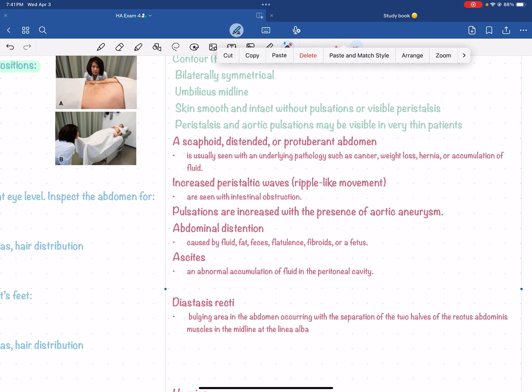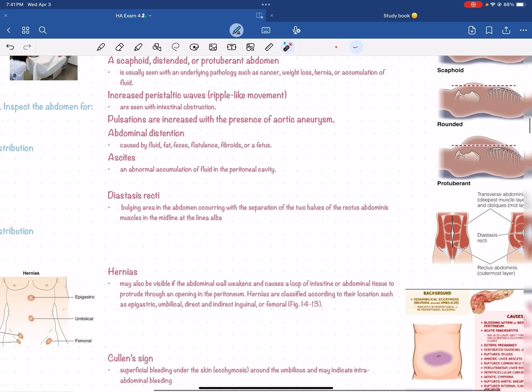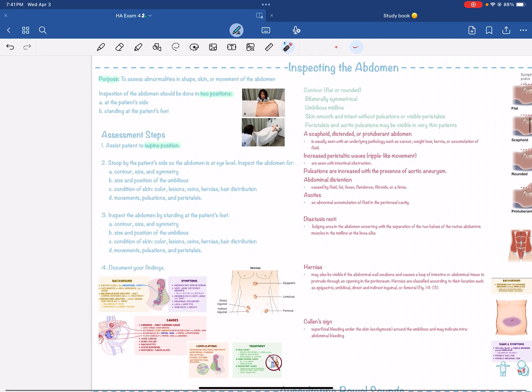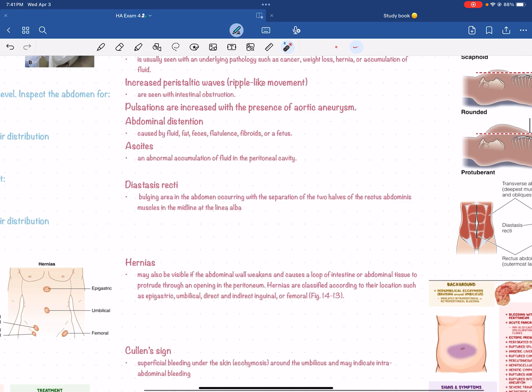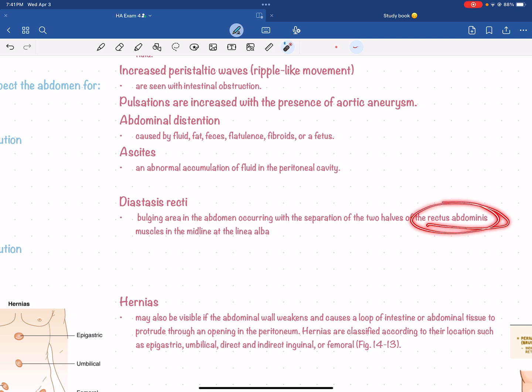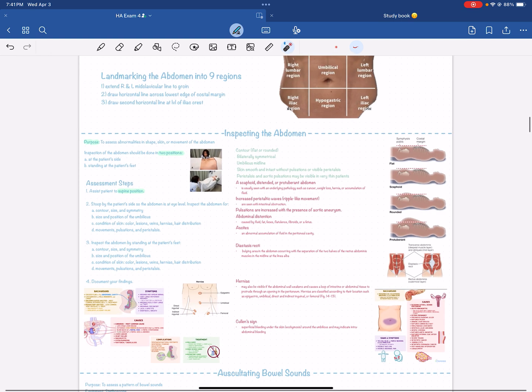And then for the last portion, we have more. Since we're talking about skin color, lesions, veins, and hernias, we have something called diastasis recti. This is a bulging area in the abdomen occurring with separation of the two halves of the rectus abdominis muscle in the midline at the linea alba.